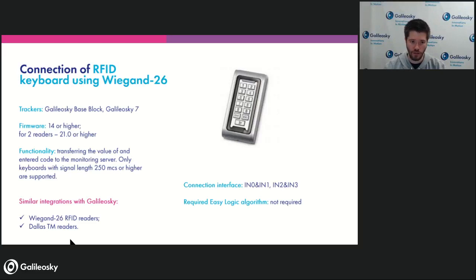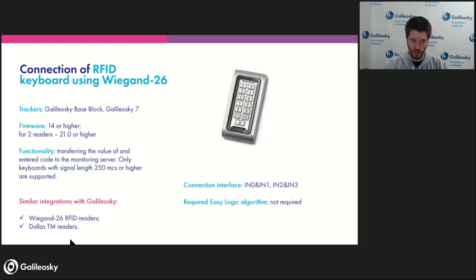So it works similarly to the RFID cards, but you don't need a card for that. You can simply set a certain code or a number of codes for access, and compare if the code that you have set is the same as the code received from the reader.